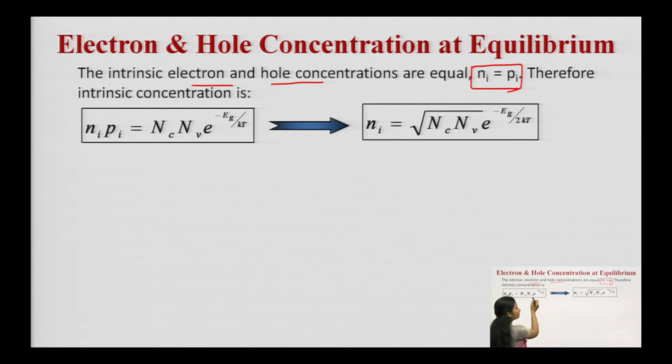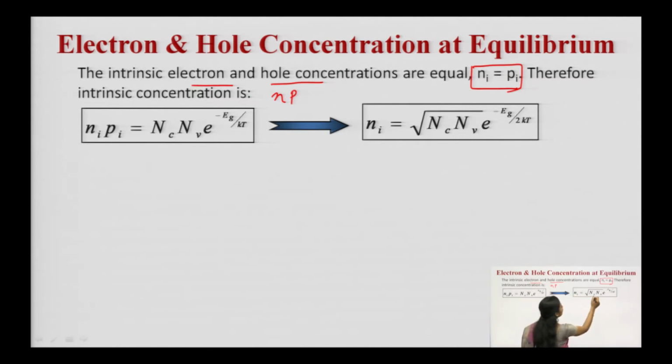Ni into Pi is the term which we have written when you multiplied N naught with P naught. When we are talking about the intrinsic carrier concentration, N naught is Ni and P naught is Pi. The same term you have written over here. And you know that this product term N into P is constant. So, when both the terms are the same and you are calculating Ni, it is the square root of this term.